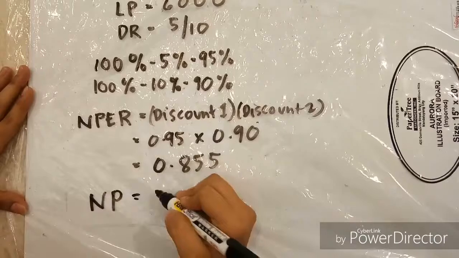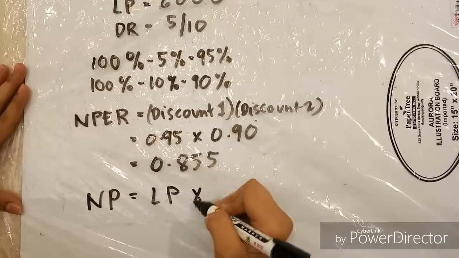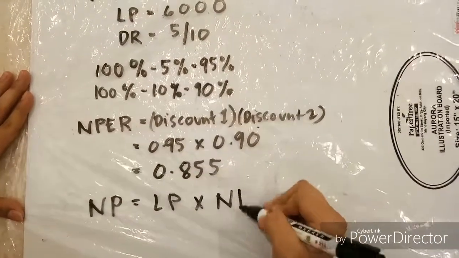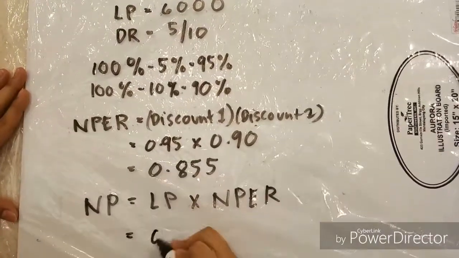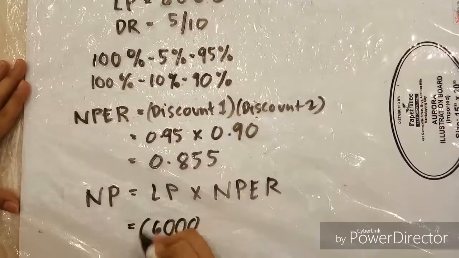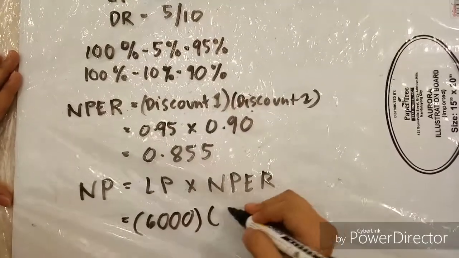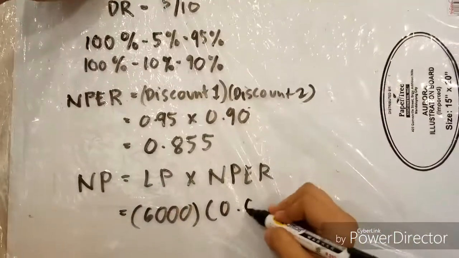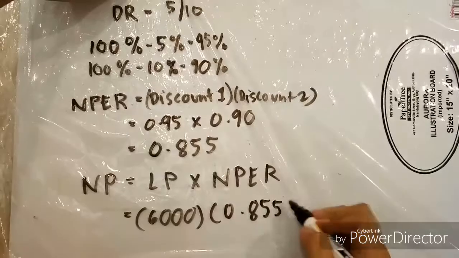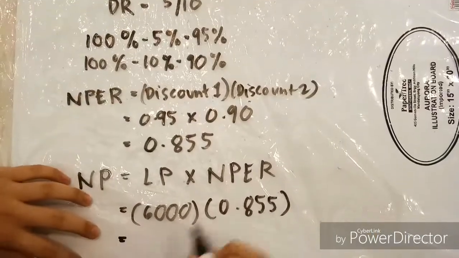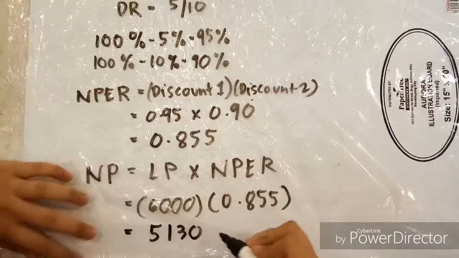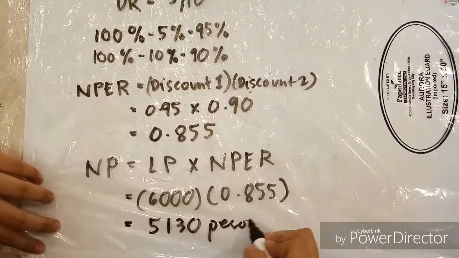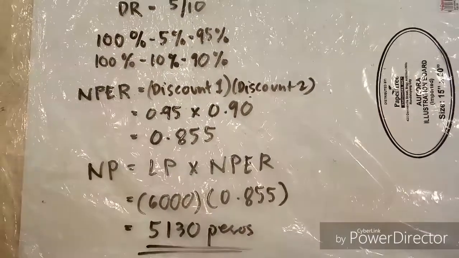Net price is equal to list price times net price equivalent rate. List price is 6,000 times 0.855 equals 5,130 pesos. And that's the net price.